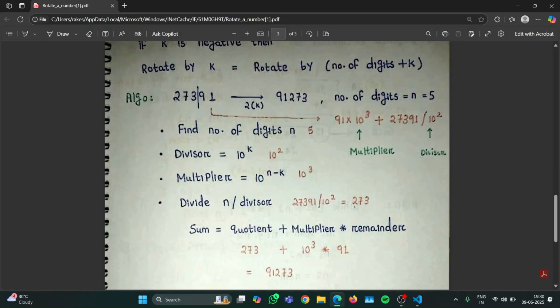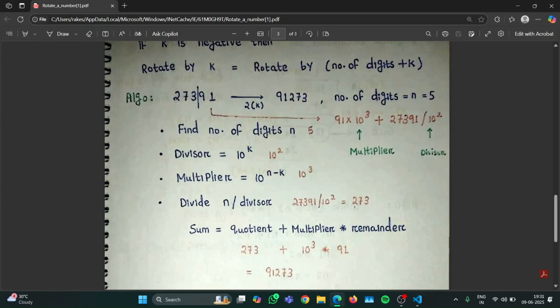Similarly, this 273 was in the front in the original number. That means their place value was higher. In the rotated number, they are being pushed back. That means their place value is getting reduced. So to increase and reduce the place value of these both parts, we need to multiply with some multiplier and divide with some divisor. Then our task is to find this multiplier and divisor. So the divisor is nothing but 10 to the power k.